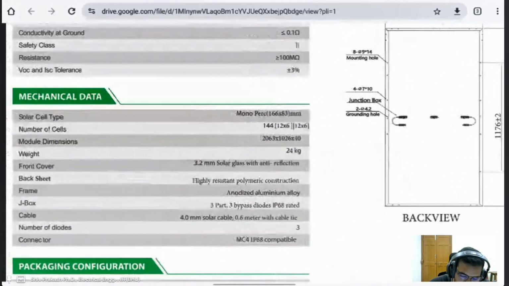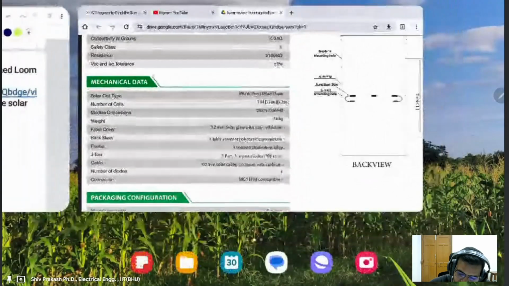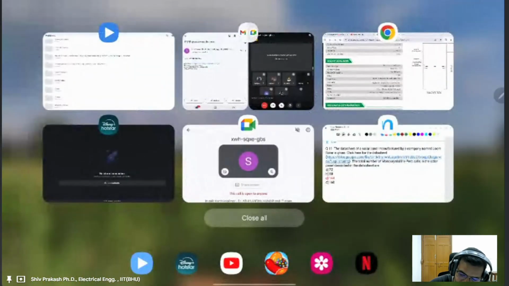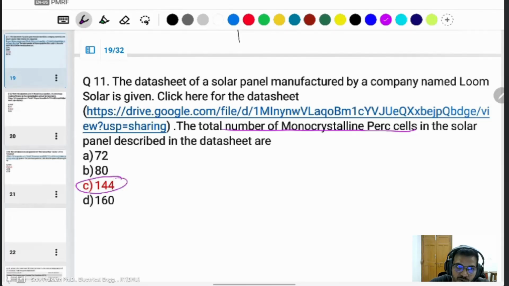The first question asks about the number of cells connected in the panel. The total number of cells in the solar panel is 144.